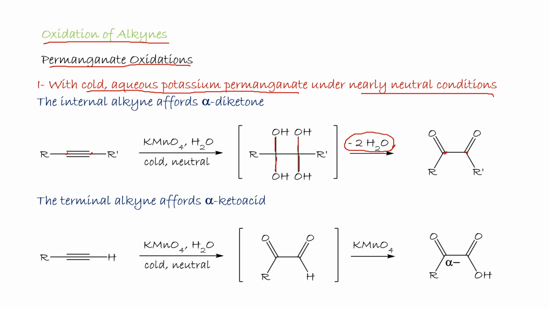If you have terminal alkyne, then you add again OH, OH, OH, OH. After elimination of water, you will find that you get keto and you get aldehyde, again 1,2-dicarbonyl product.